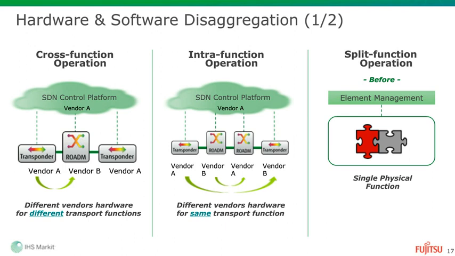The next step is this intra-functional operation with SDN control, the ability to mix vendors' equipment within a single function, such as, again, that transponder. You have a transponder at one end from vendor A, for example, communicating with the transponder at the remote end from a different vendor, vendor B in this case. And same with the ROADM itself, two different vendors interacting with one another on an end-to-end service, providing the same function, but again, from different vendors.